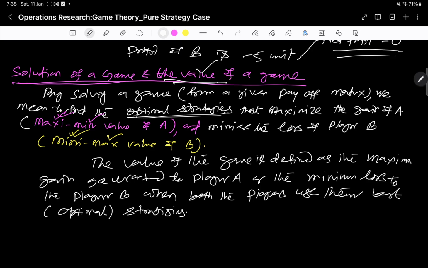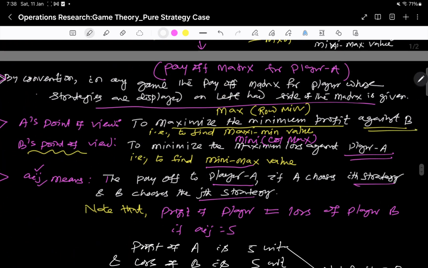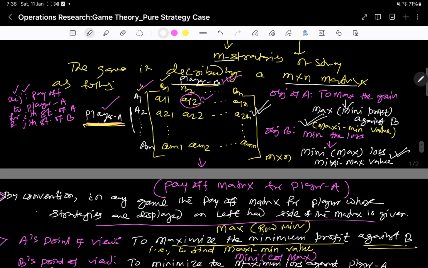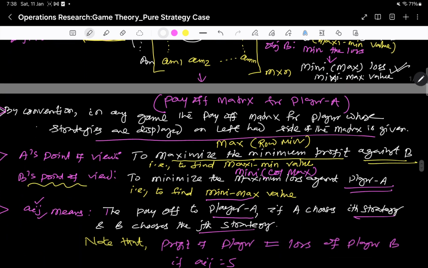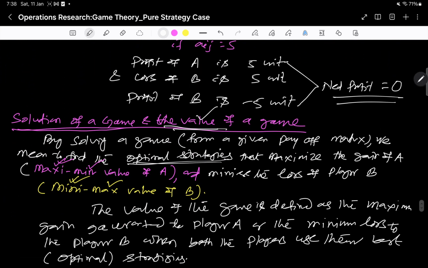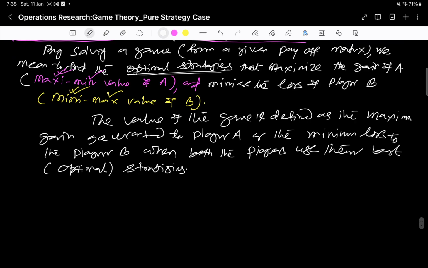Suppose the optimal strategy for player B is B2 and for player A is A2, then the corresponding payoff will be the value of the game. Once we solve an example, this idea will be clear.